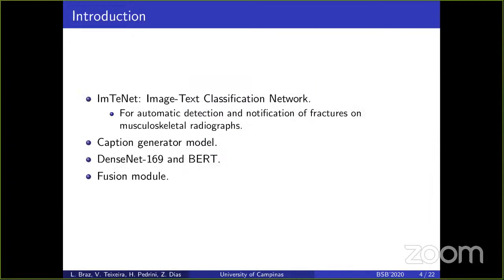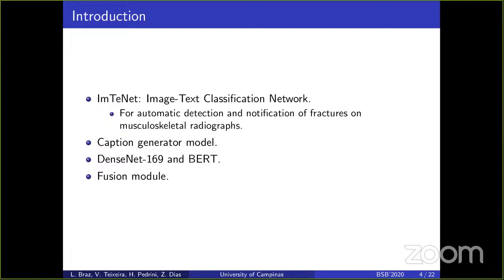In this work, we proposed an image text classification network for the automatic detection and notification of fractures on musculoskeletal radiographies. Our method uses information extracted from images and artificially generated captions to obtain a classification label.